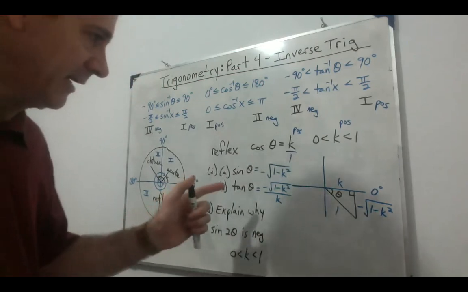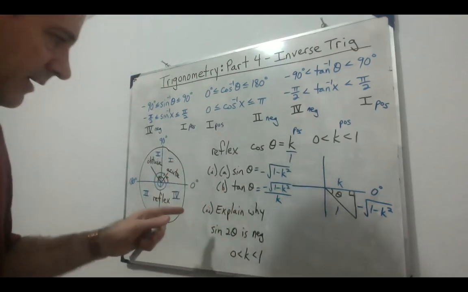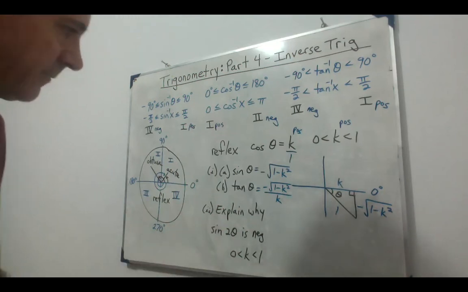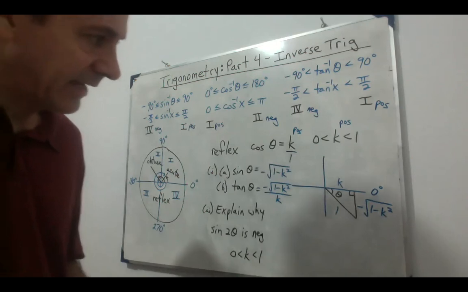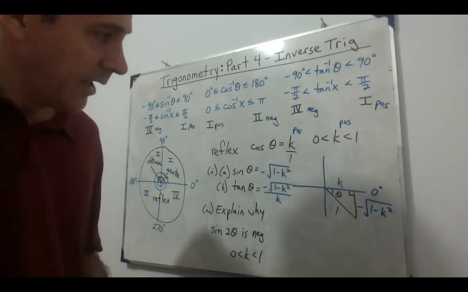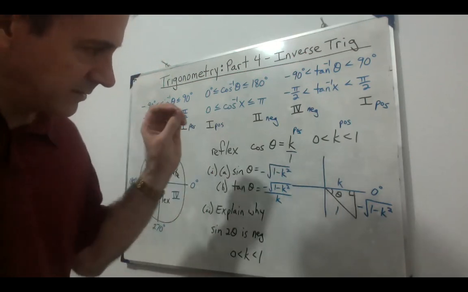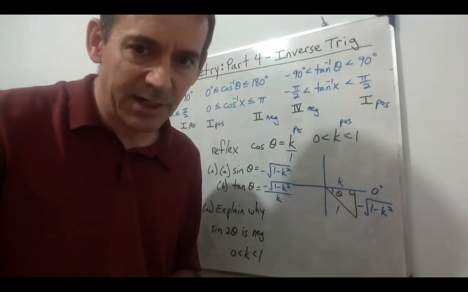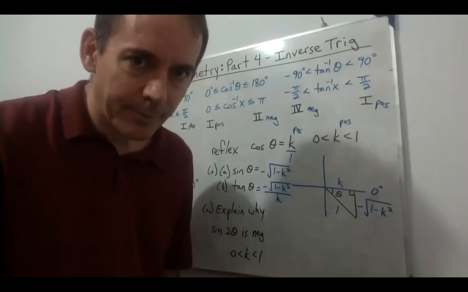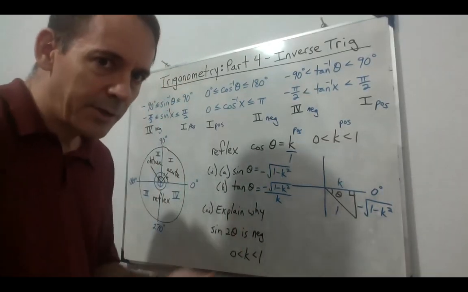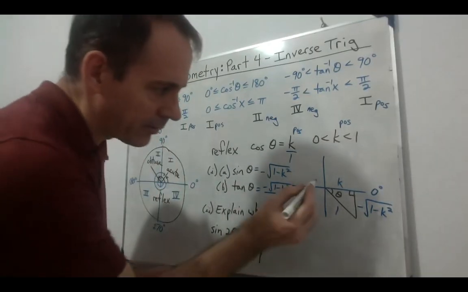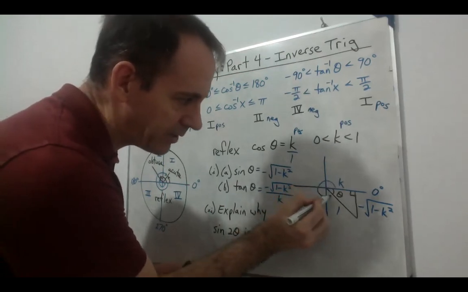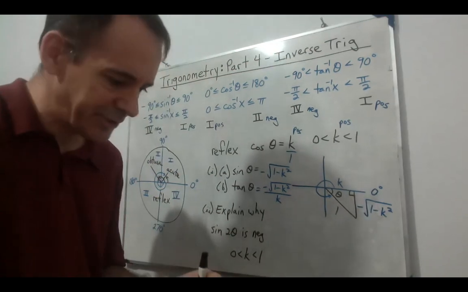Now explain why sine of 2 theta is negative. If we double our angle here, notice our original angle is from 0 around here into the fourth quadrant.